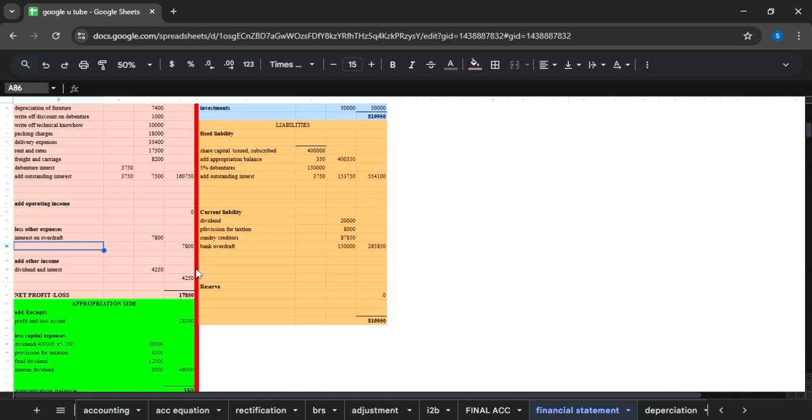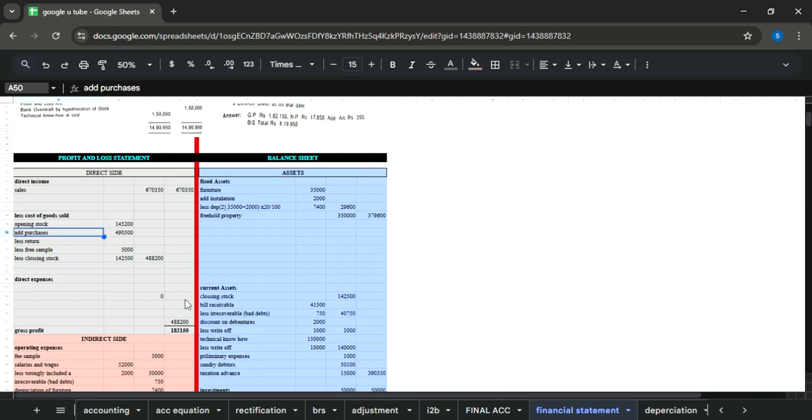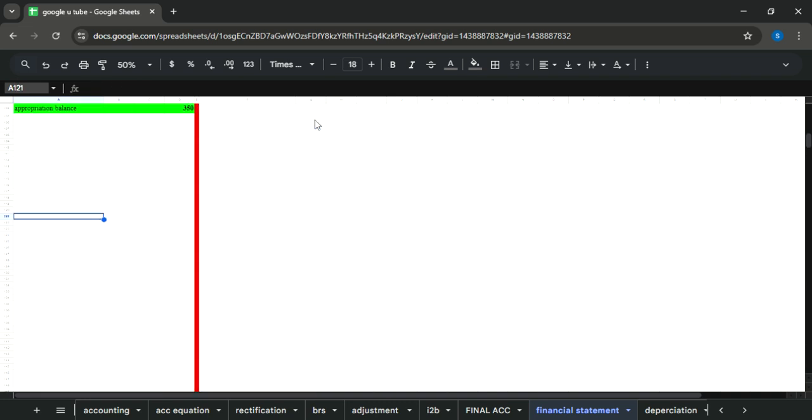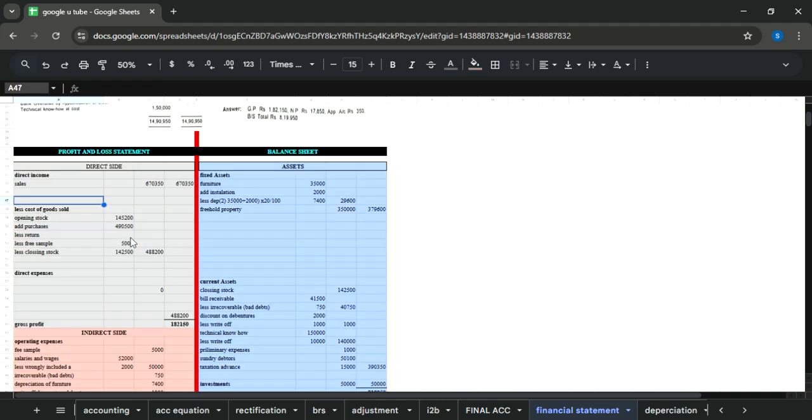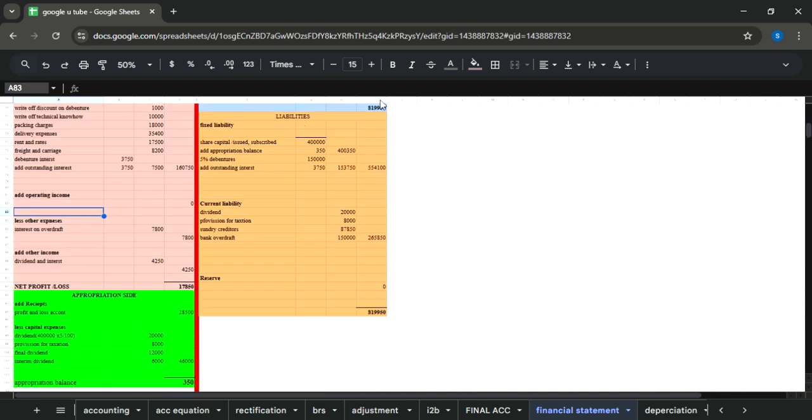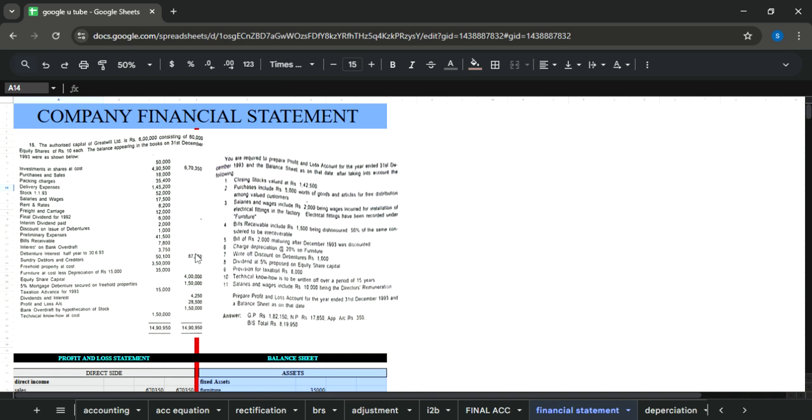Then we have calculated net profit 17,850 and here you can see 17,850. Last part of left side appropriation 350 and answer was 350. Balance sheet 819950, 819950 asset, 819950 liability side. So all parts are completed.